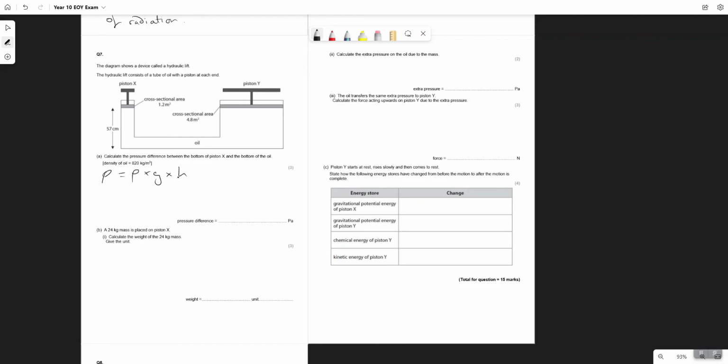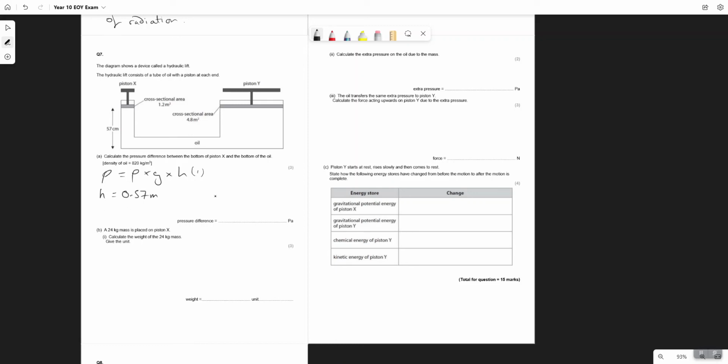There's a mark for density times gravitational field strength times height. That's 1 mark there. There's another mark for recognizing that height is 0.57 meters, rather than 57 centimeters, because otherwise you get a power of 10 error.